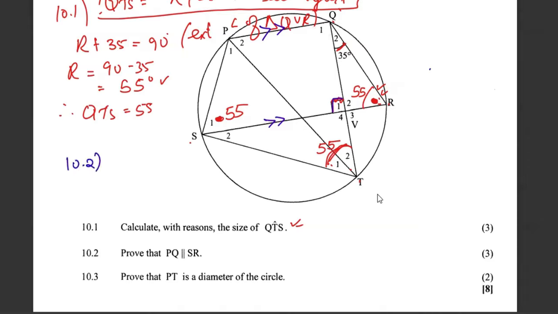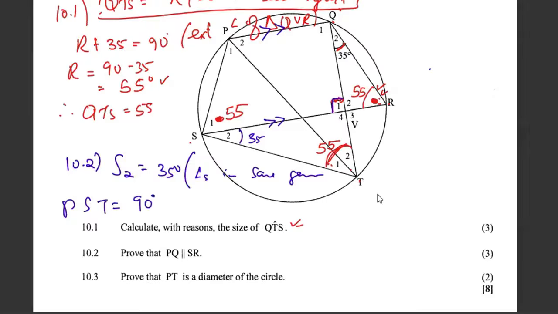So step number 1, I'm going to say that my S2 is 35 because angles in the same segment. Okay, meaning that PST is going to be a 35 and that, which is a 90. But we know that Q1 is also a 90 because of this cyclic quad PQST that they told us. If that's a 90, automatically that would be a 90.